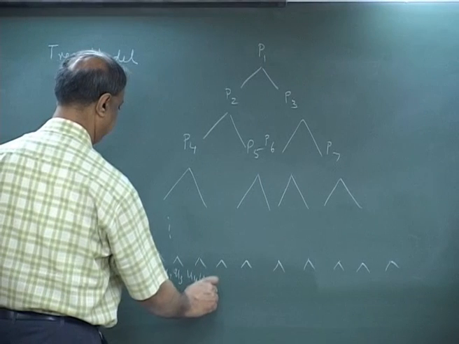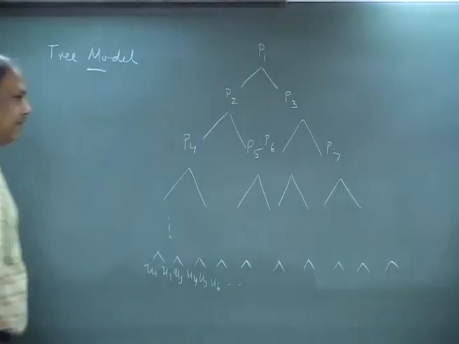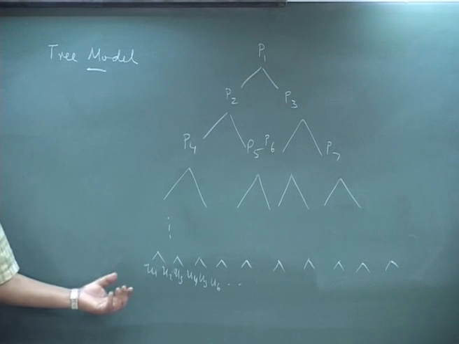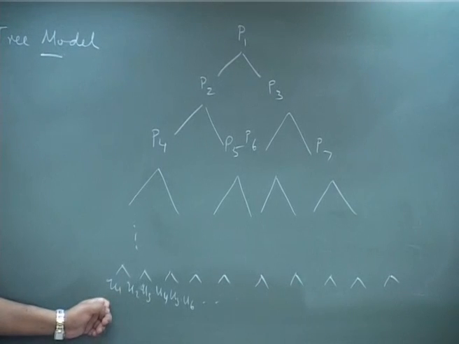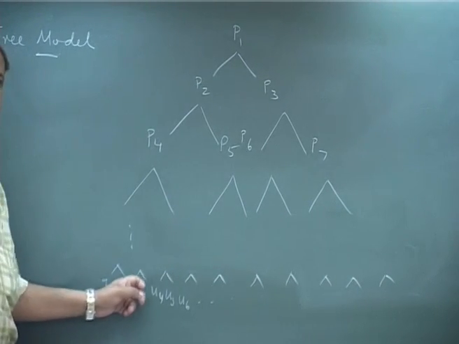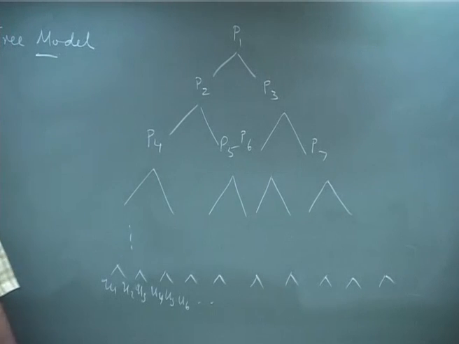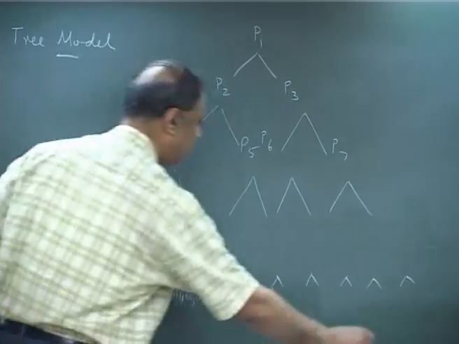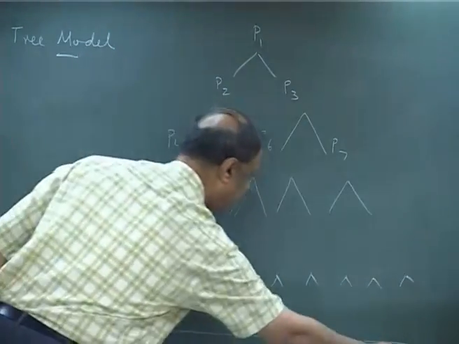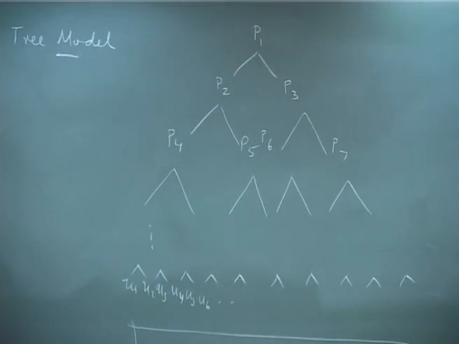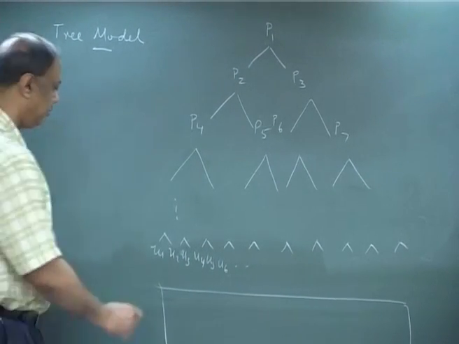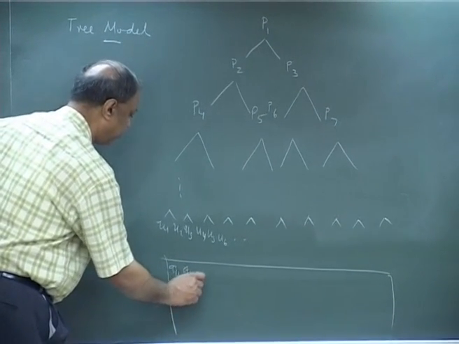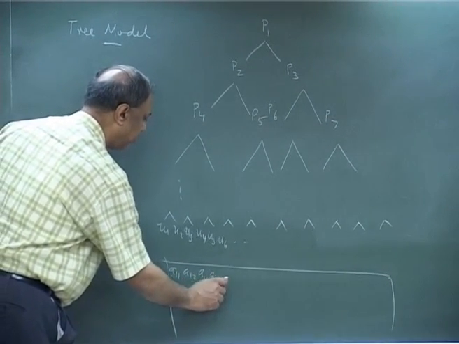So here the leaf nodes contain all the U's: U1 in the first leaf node, U2 in the second leaf node, U3 in the third leaf node, and so on. And you are inputting the elements of A row wise. So here you have A11, A12, A13, A14, and so on.